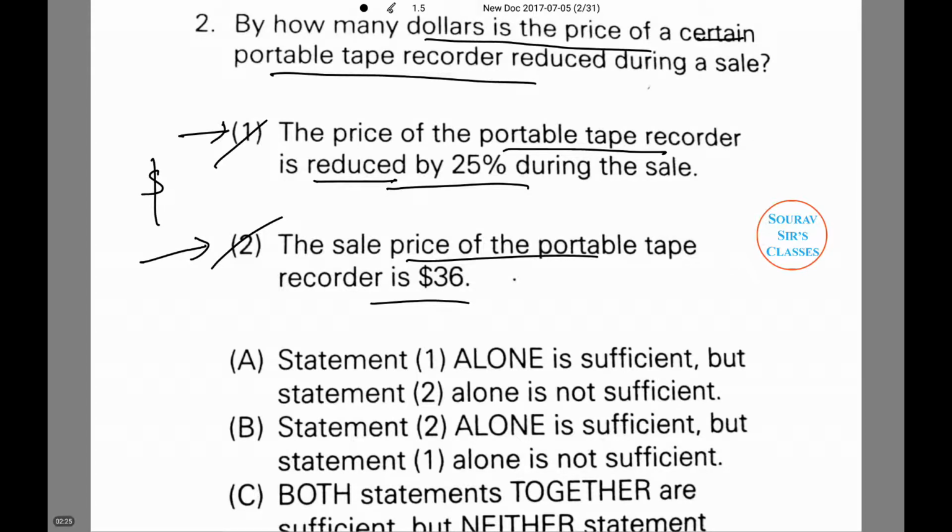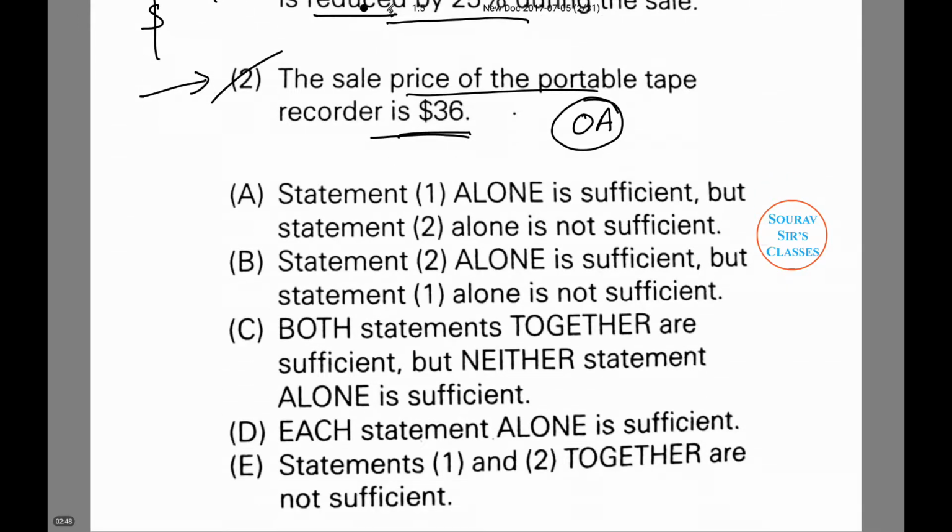We now know the dollar amount after the reduction, but without knowing either the original amount, which I represented as OA, or the percentage of reduction, it won't be enough to answer the question. Thus, let us see what the options are.